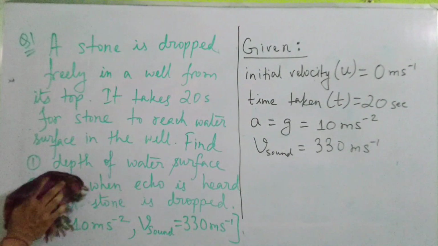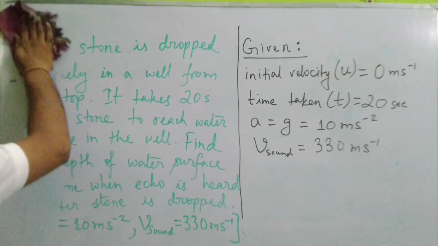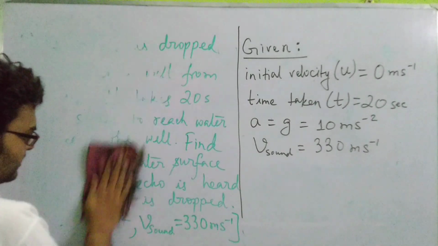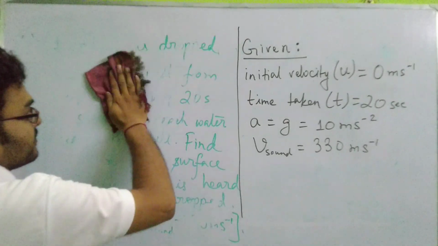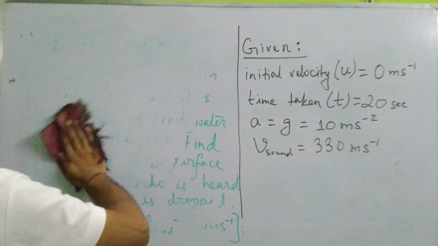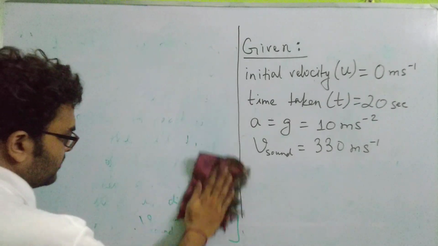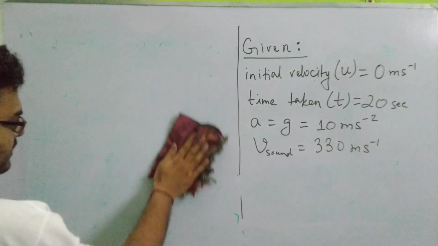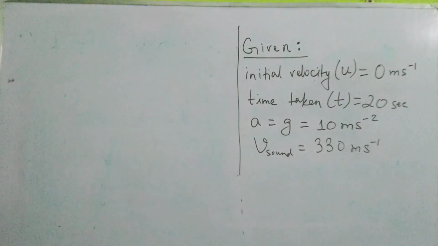Okay, so I am just erasing the left side so that I can solve the problem on the left side, using the data and copying the data from the right side of the board. Okay, so solution, the first part of the problem says that we need to find out the depth of the well. So for that, we have to use the equation S equals ut plus half at square.